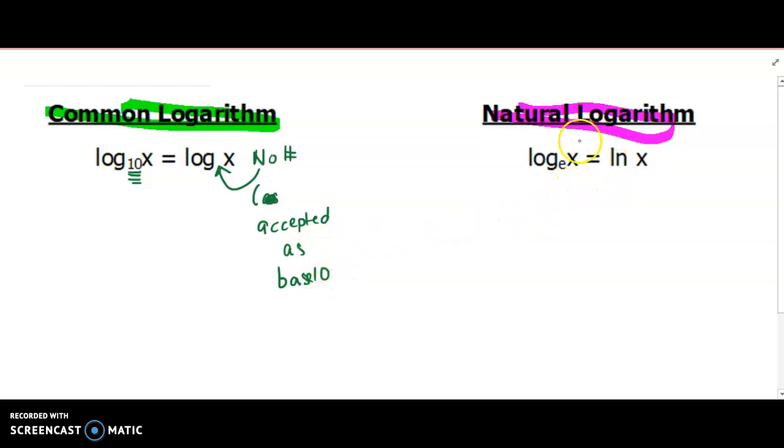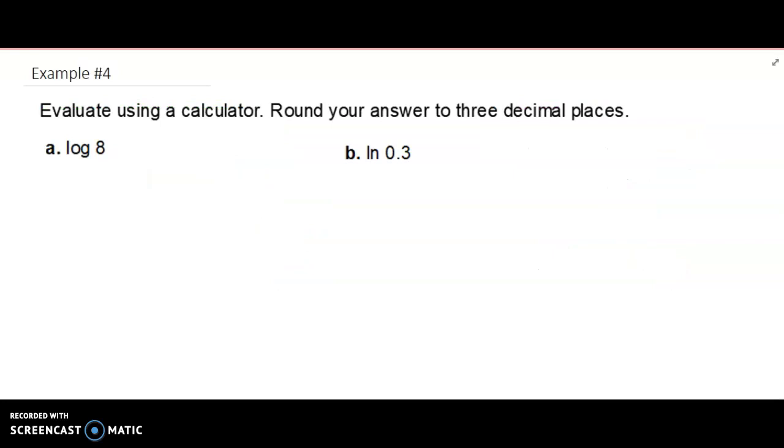And here we would have log base E, this is ln, natural log. I don't know how they get ln from natural log, I have no idea. But if you see natural log, you can think of this as just log base E. Same thing.